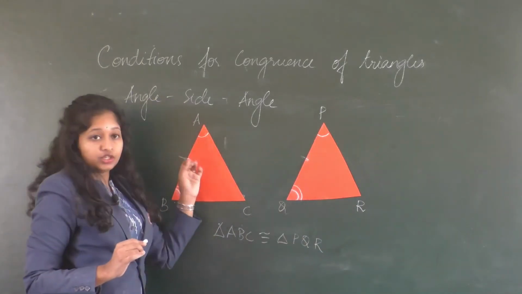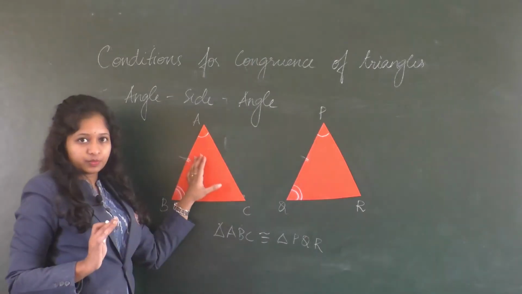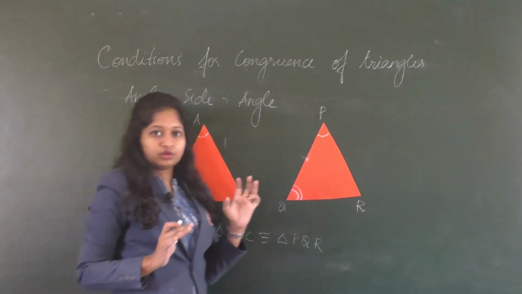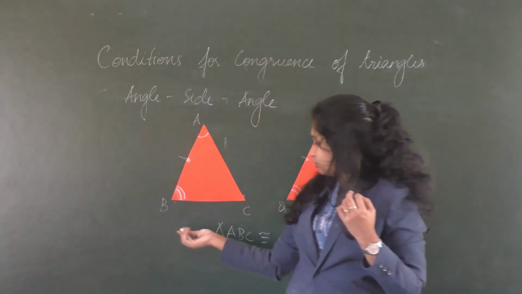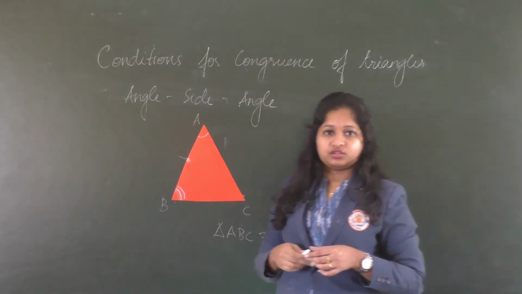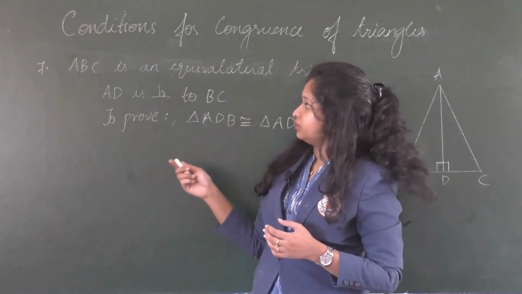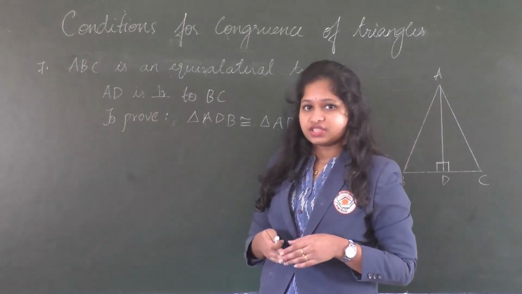Remember to take the included side, not any other side. Included side should be taken, only then we can conclude that both of these triangles are congruent by ASA congruence condition. Here I have a question from the exercise, question number 7.